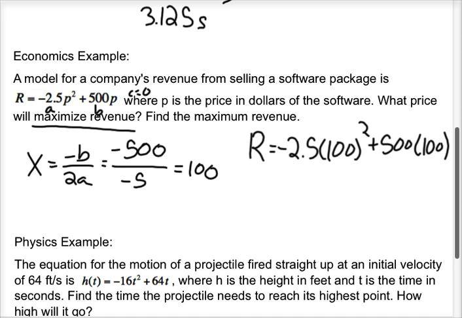And when you end up calculating that expression out, you get the maximum revenue is, I apologize, is $25,000. And again, please don't just sit back and write those down. Make sure you can calculate out the same numbers as I am.